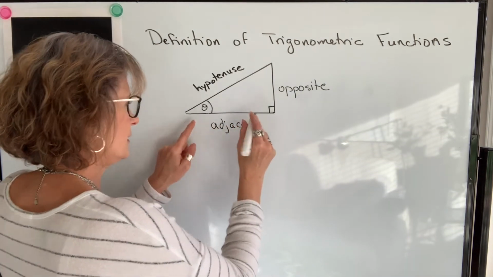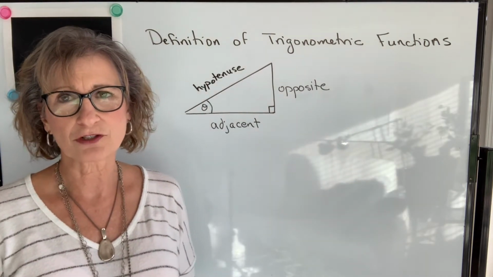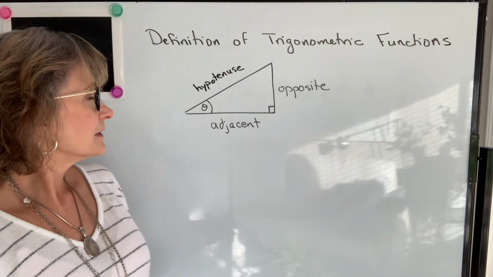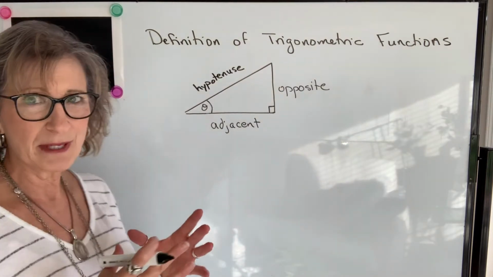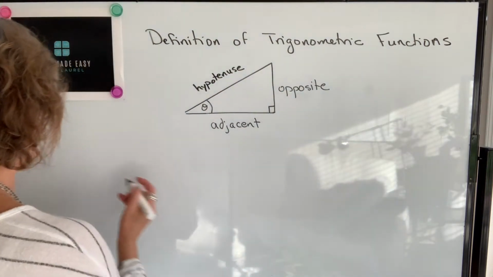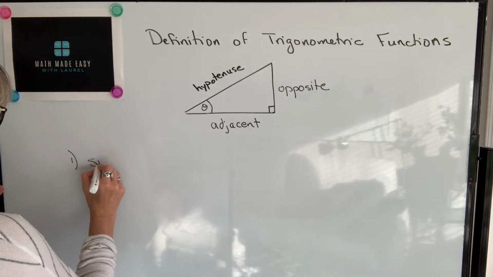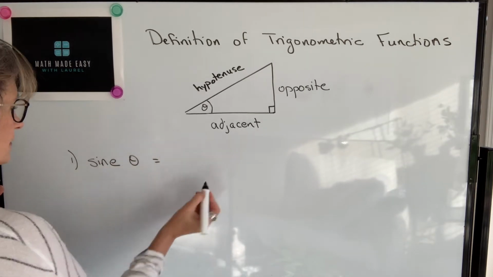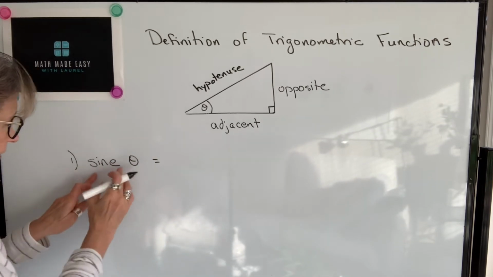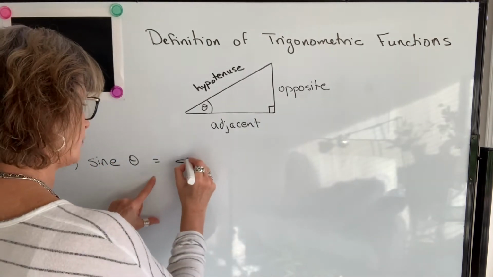And we use these names to define our trig ratios, or our trig functions. So I'm going to define the first three, the major trig functions. The first one that I'll talk about is called the sine of my angle, and I'm going to write it out in the whole name, and then I'm going to show you the notation that's used.